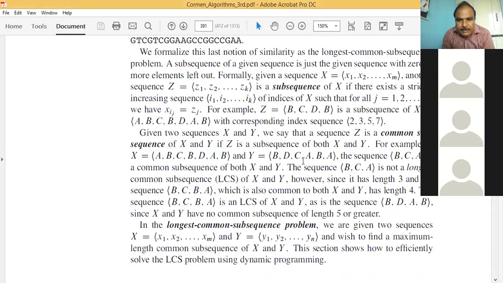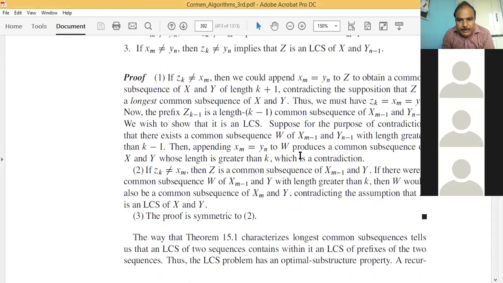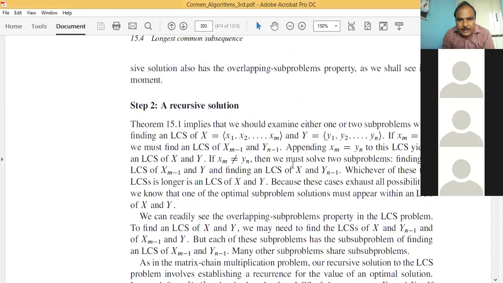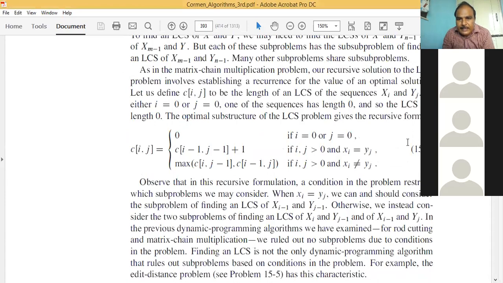So please look at this. Yes, please observe this. See here, when they are equal, xi is equal to yj, it is C[i-1][j-1] plus 1.